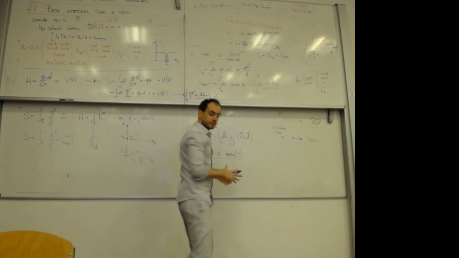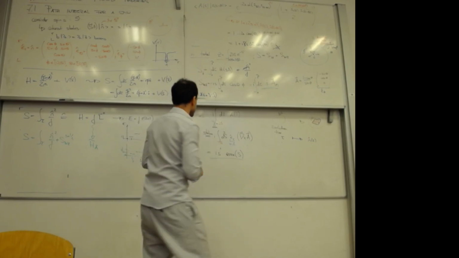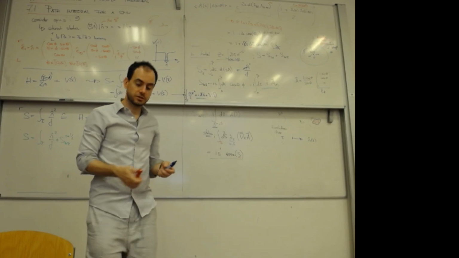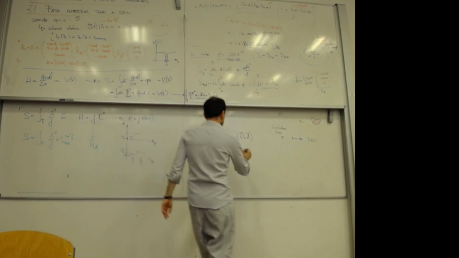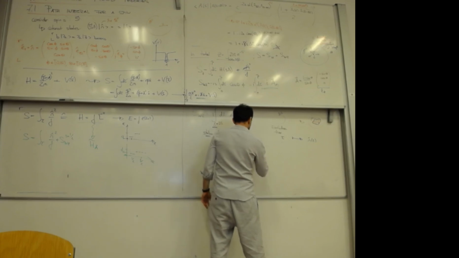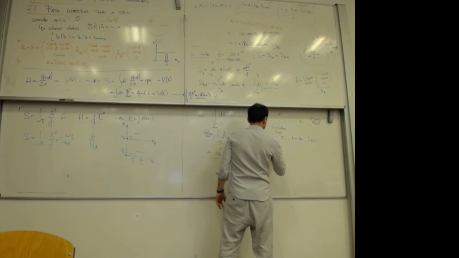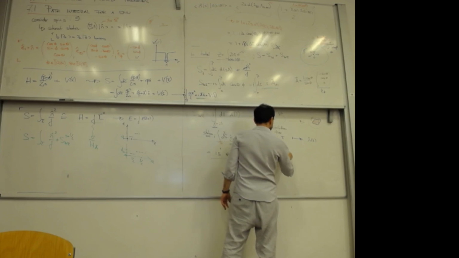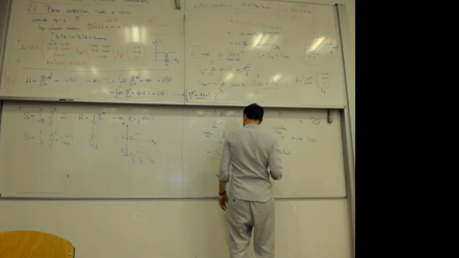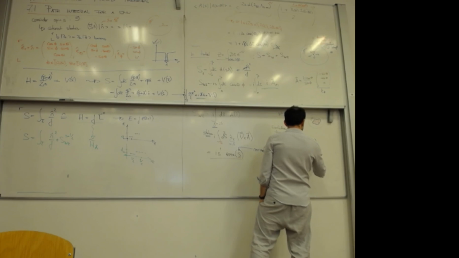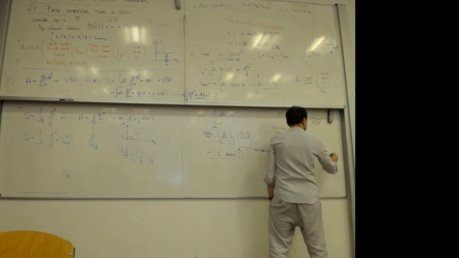S here is only a fraction. This is the same S. It's only part of the sphere. Normalization is such that the area of the whole sphere, that's the standard normalization, is 4 pi.